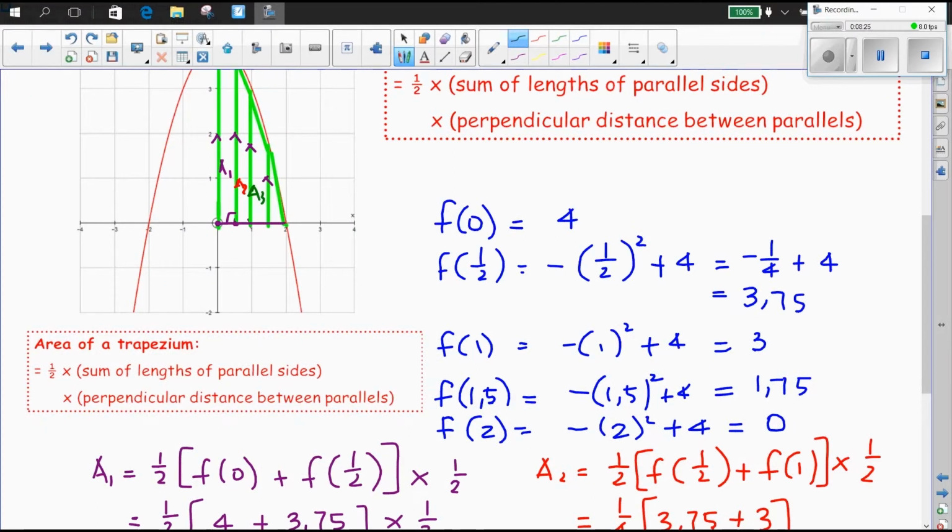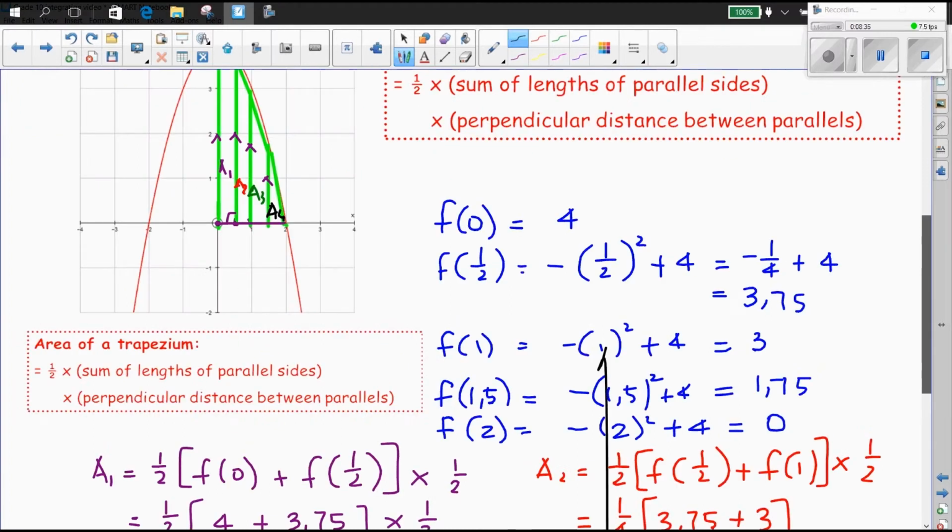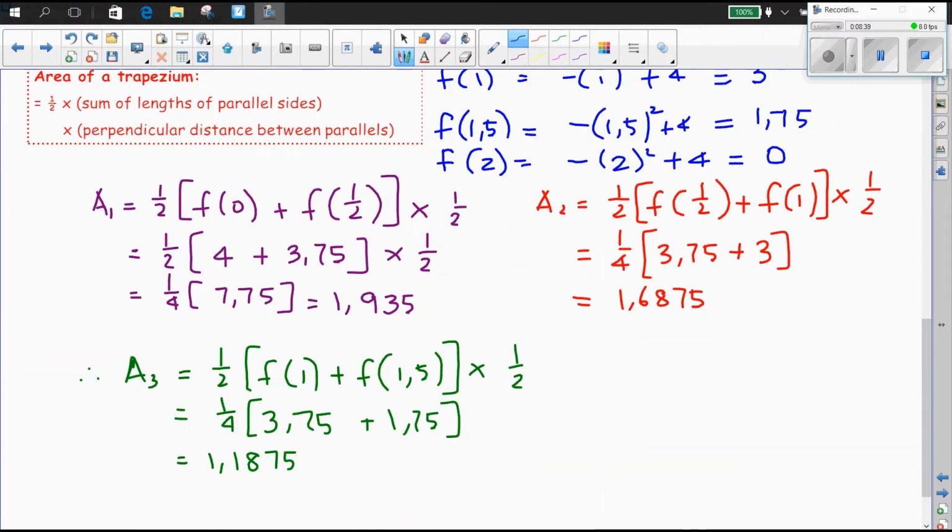We now work out the area of the last trapezium, and that lies between x equals 1.5 and x equals 2. So area 4 is going to be half f of 1.5 plus f of 2 multiplied by the width, which is a half.